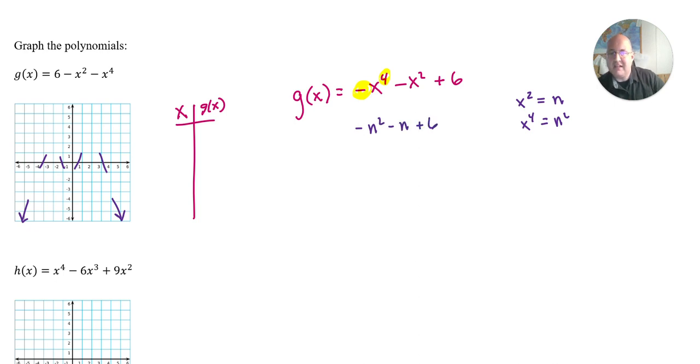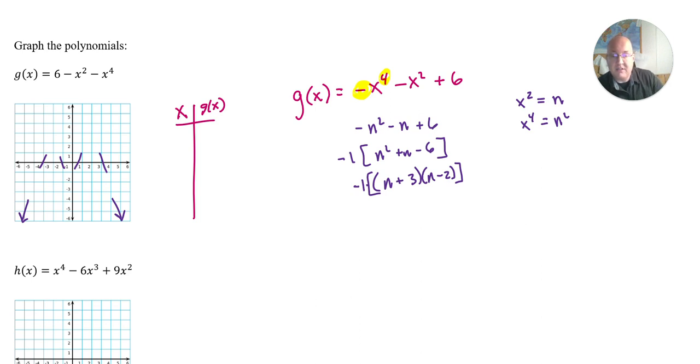Okay, and then let's factor out a -1. So I'm going to just take out -1, and then what's left is n squared plus n minus 6. And then when I factor n squared plus n minus 6, I get n plus 3 n minus 2. And there's a -1 factor there as well.